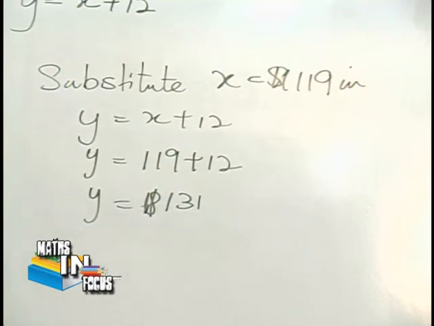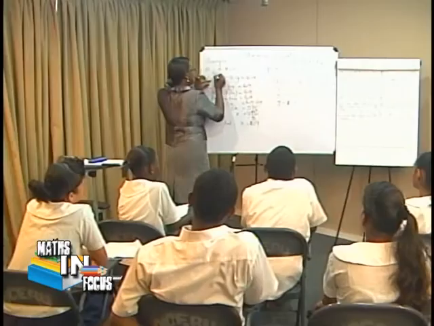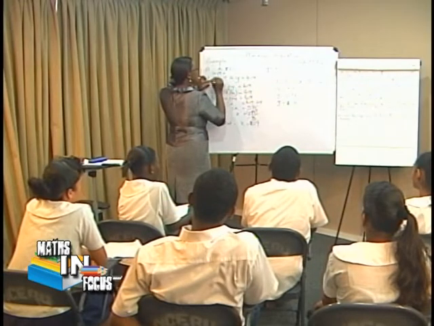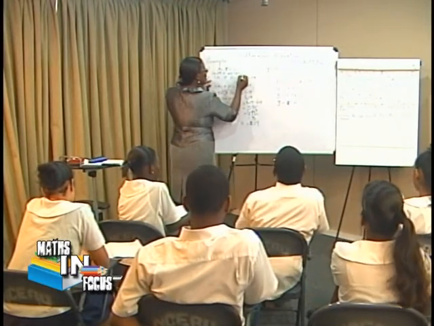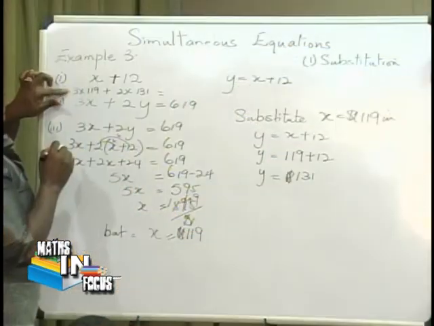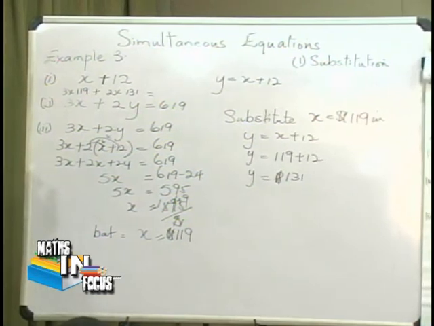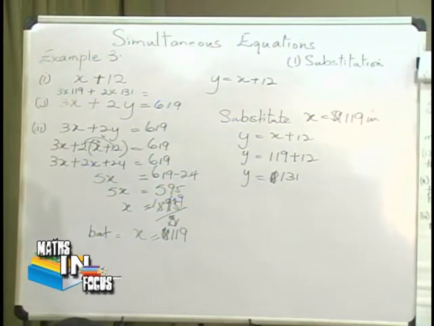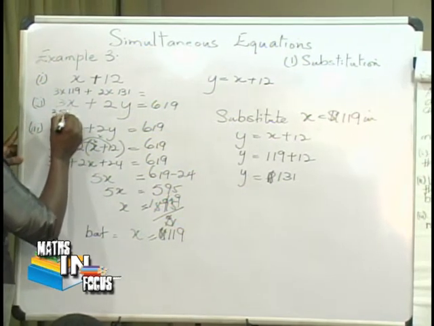Now let us add up the bats and the racket value and see if we'll end up back with our 619. So we bought 3 bats and 2 rackets. So we have 3 by 119 plus 2 by 131. Let us see if we get 619. When 119 is multiplied by 3, what do we get? 357.